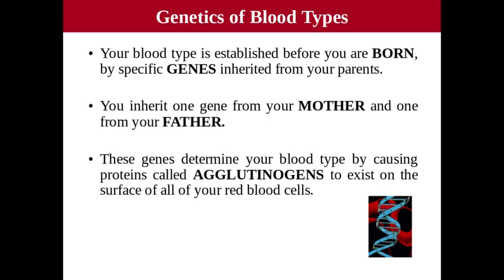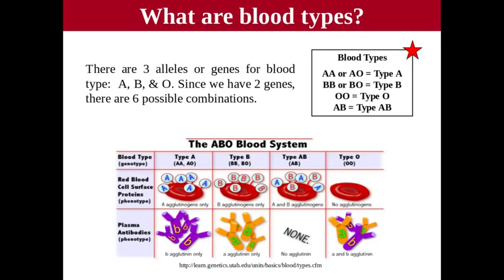The genes determine your blood type by causing proteins called agglutinogens to exist on the surface of the red blood cell. There are 3 types: A, B, and O, and each of those is carried on the alleles. Since we have 2 genes, one from mom, one from dad, we have a possible of 6 combinations of blood types.